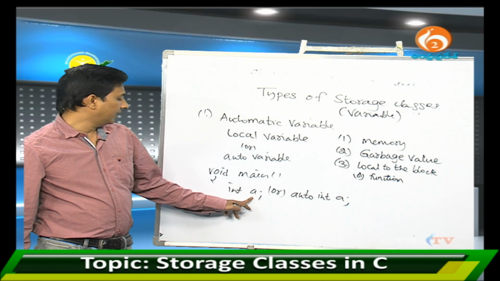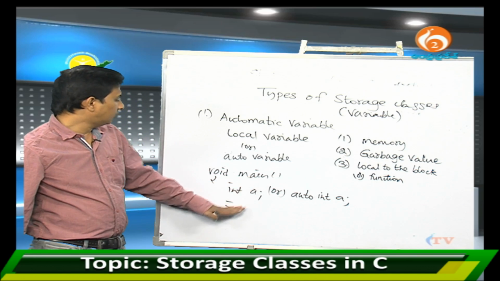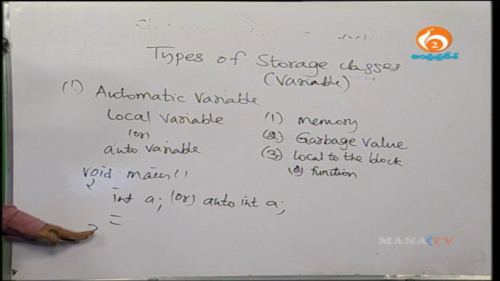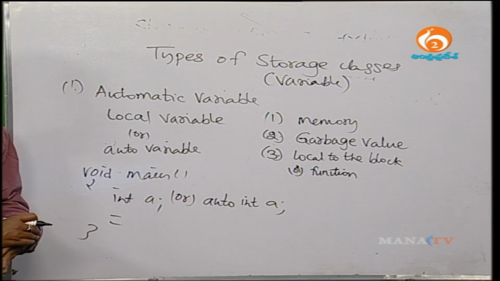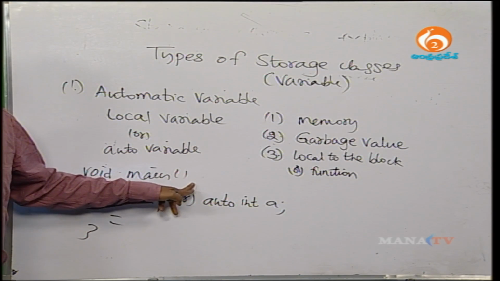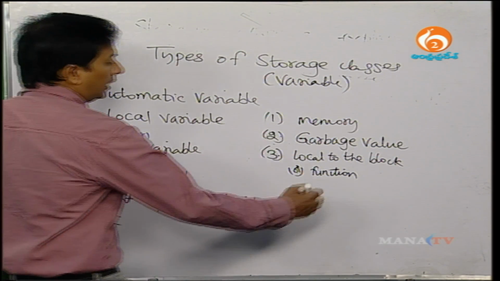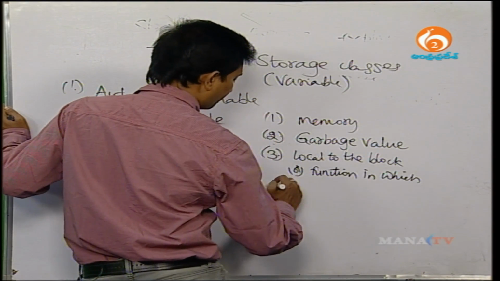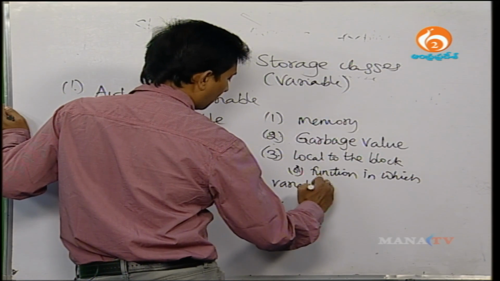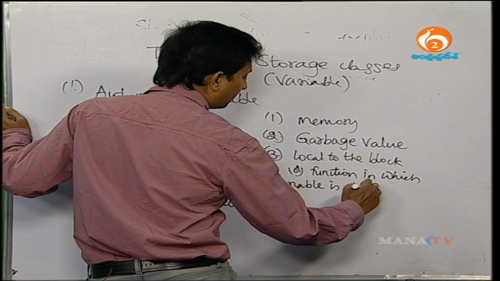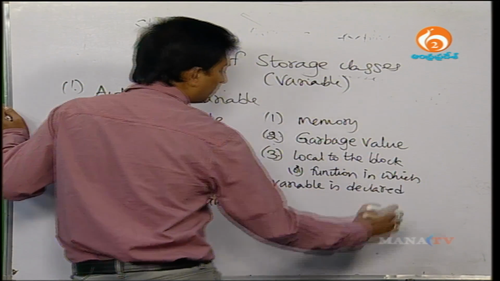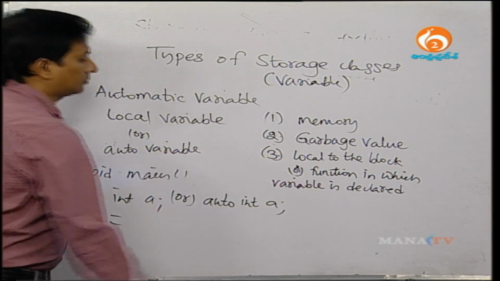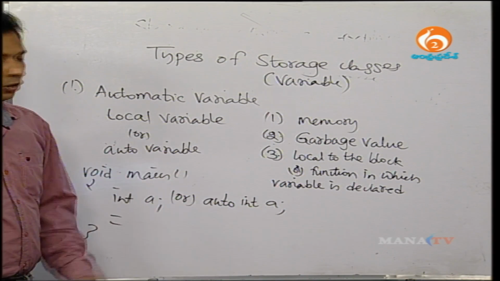This variable a is visible in this main function only. The moment control comes out of this closing brace, this a is not visible. Local to the block in which the variable is declared.